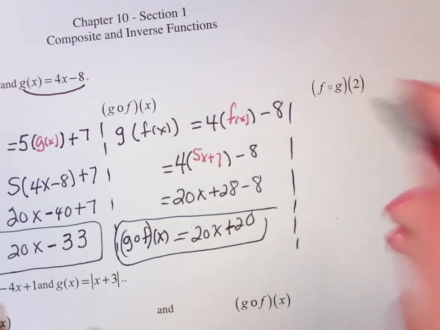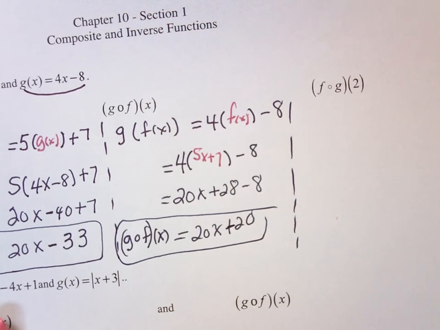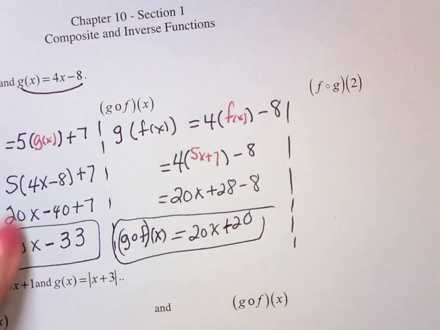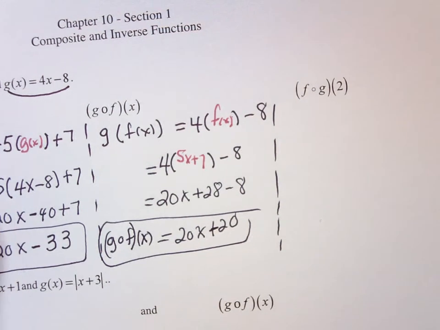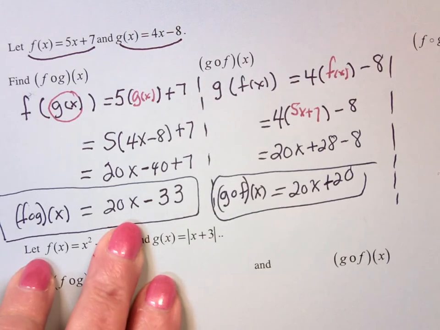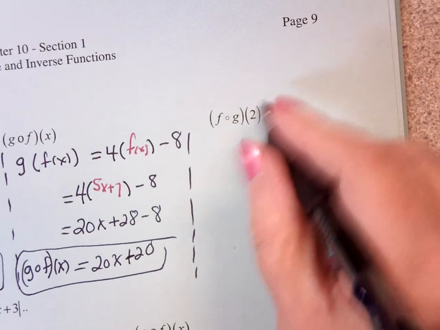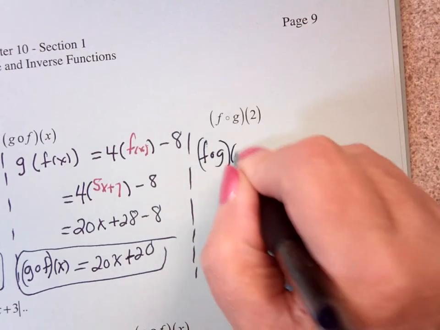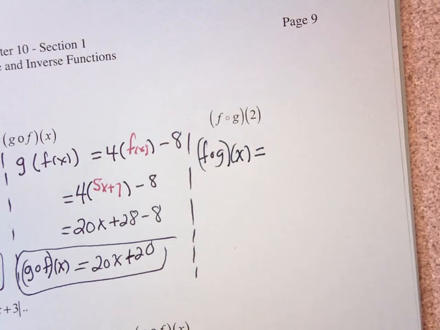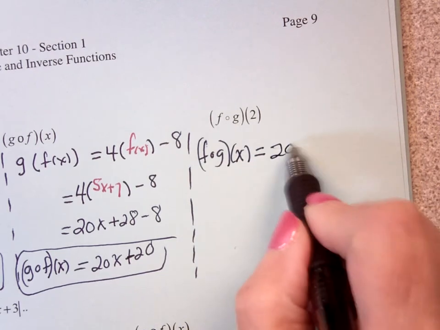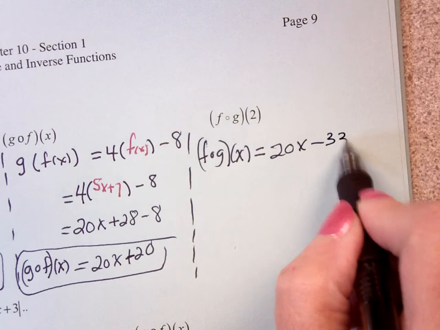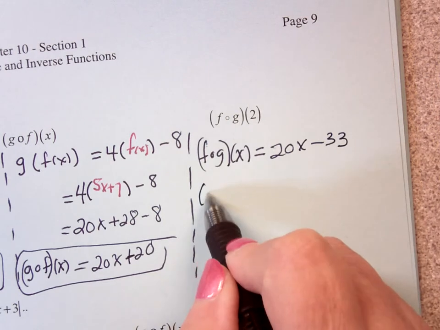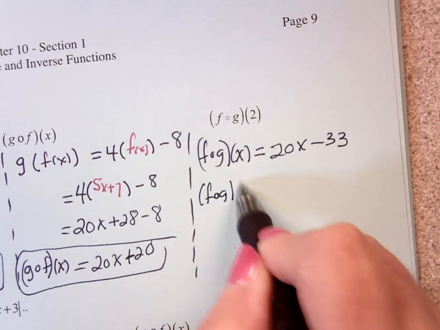And then it says find f o g of 2. Well, I know what my formula is for f o g. My formula for f o g of x is 20x minus 33, then plug in 2 for x.